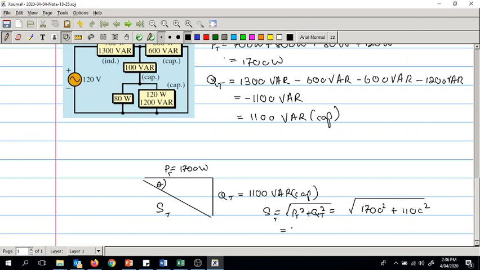So that is equal to 2025 approximately VA. Sorry, VAR is not there, VA, right? Apparent power. Now what is the current?